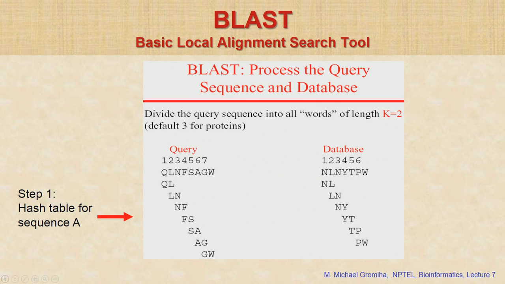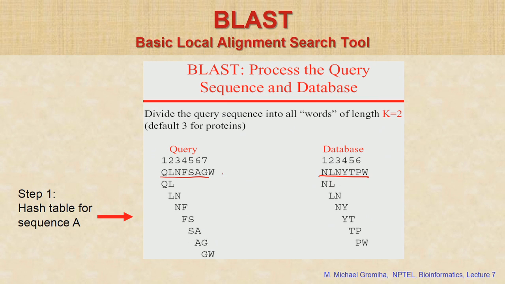First, if you have the query sequence and we have a database, how to map? They divide these sequences into small words of length k. Usually they use k equal to 2 or k equal to 3 for the case of proteins.